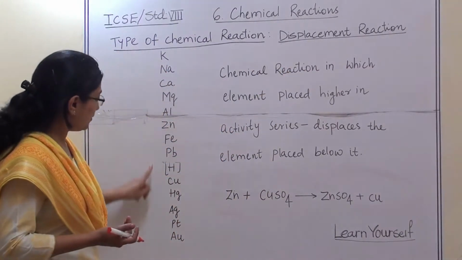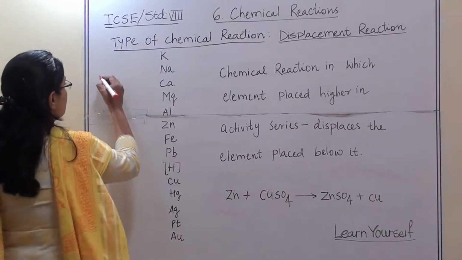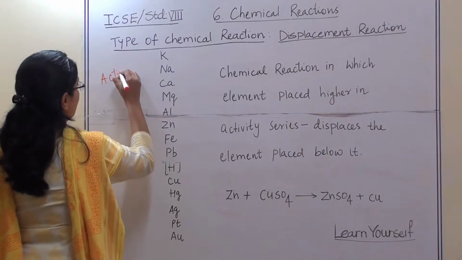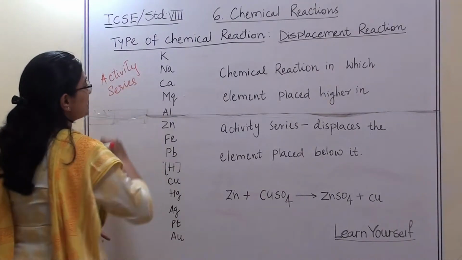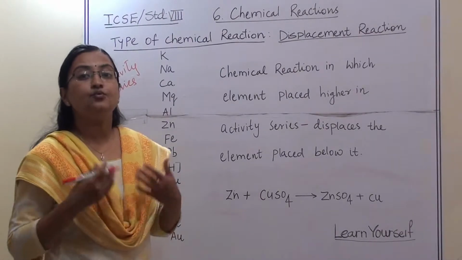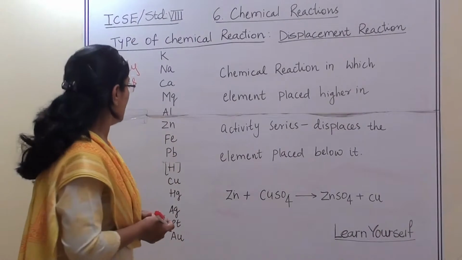In this, we require the activity series of metals. This is known as the activity series, and this series will tell us which metal is reactive compared to another metal.